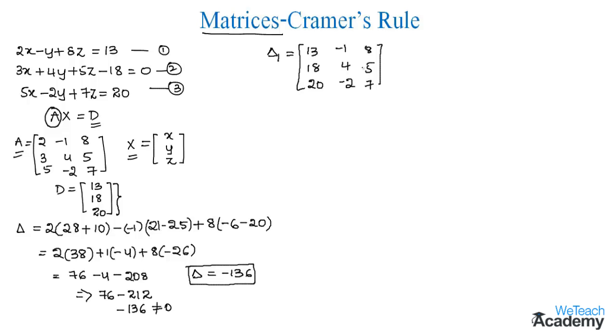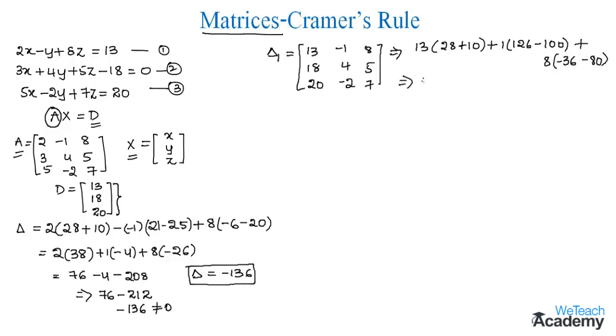So the determinant of this matrix would be 13 into (28 plus 10), then minus of the next element minus 1, so here we get plus 1 into (18 into 7, which will be 126, minus of 20 into 5, which is 100), plus of the next element 8 into (18 into minus 2, which is minus 36, then minus of 20 into 4, which is 80).